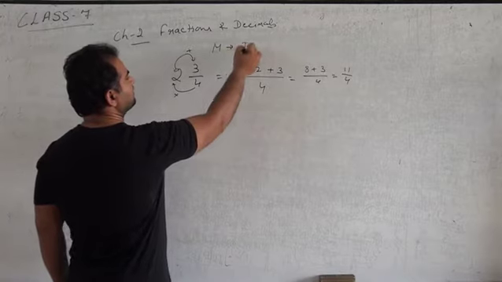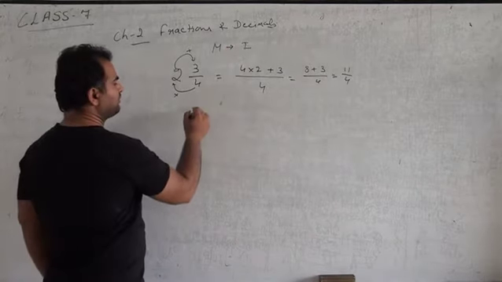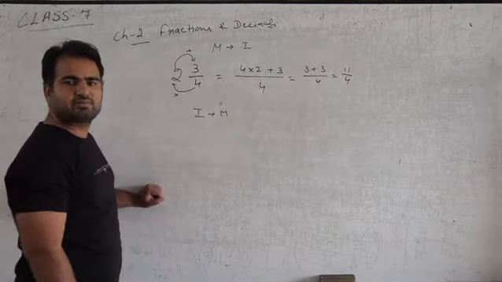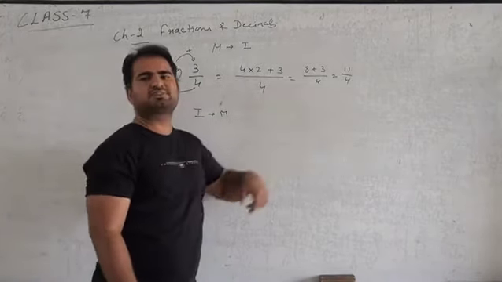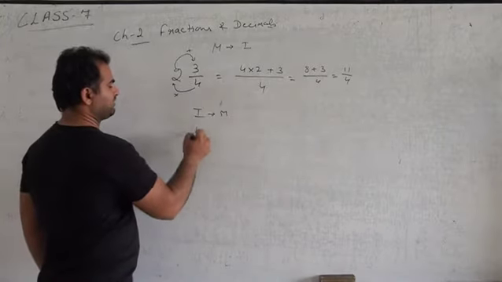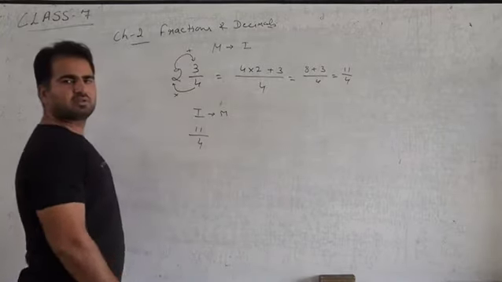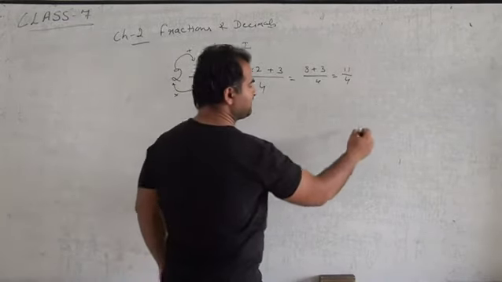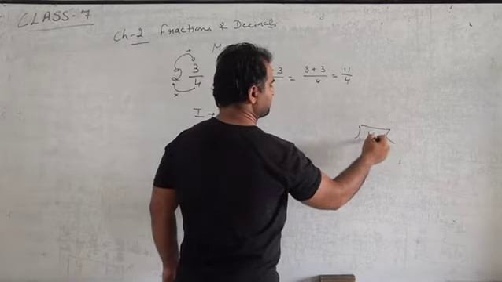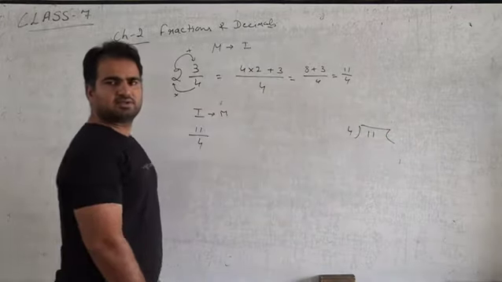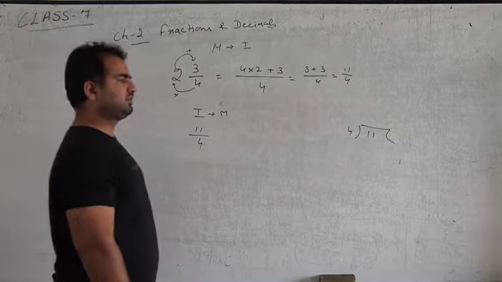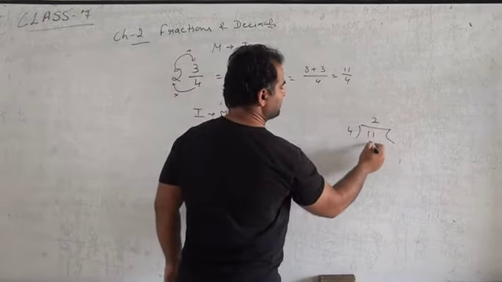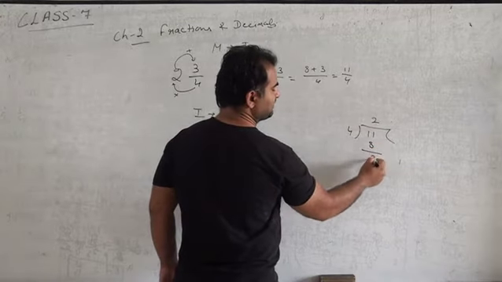Okay. This was mixed to improper. How to change improper into mixed? Let's take 11 upon 4 as an example. We take the numerator as the dividend and the denominator 4 as the divisor. 4 2s are 8, 11 minus 8 is 3.